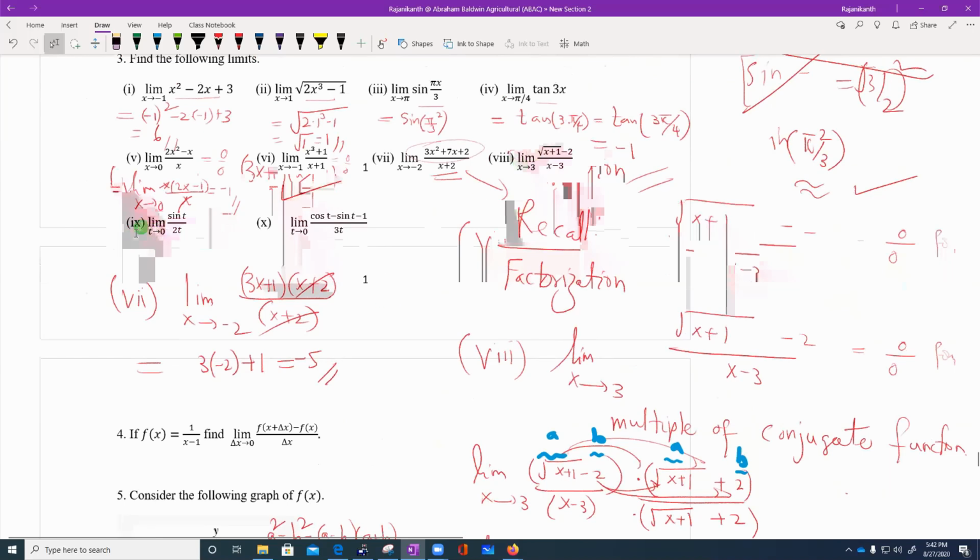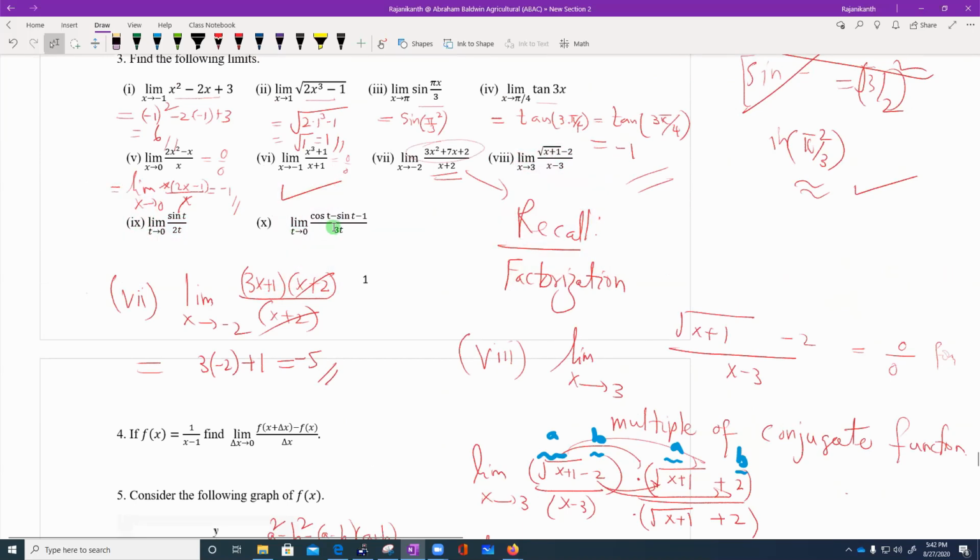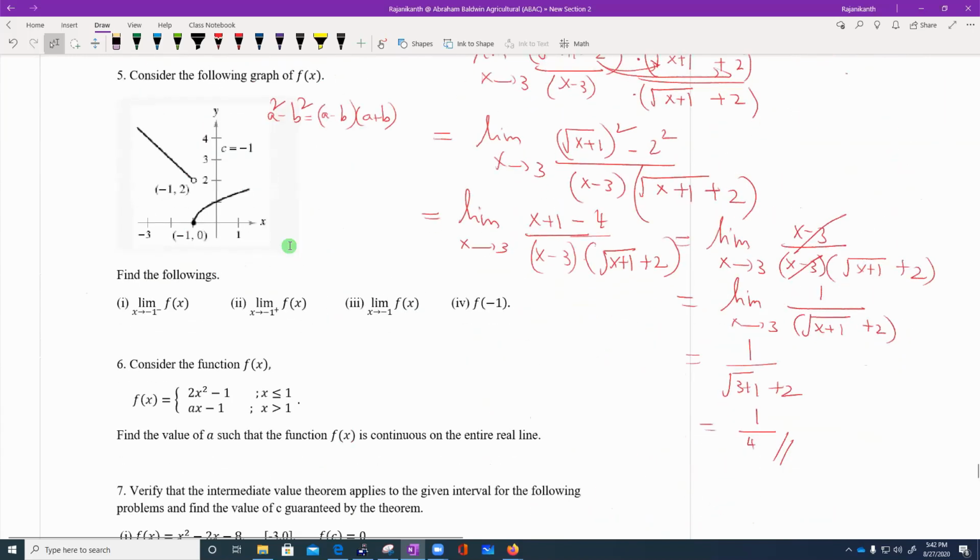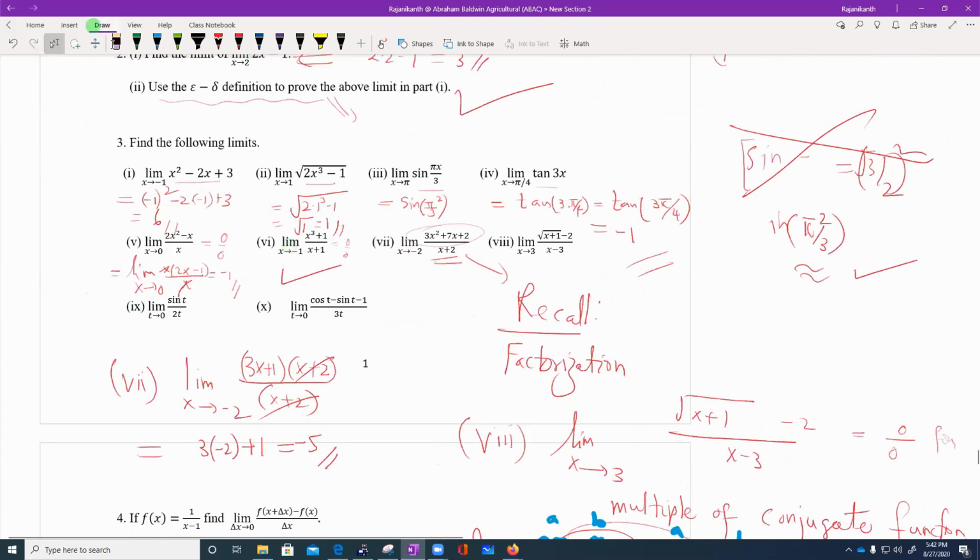Right, for numbers 9 and 10, you have to use that property. Remember the trigonometric properties that are in 1.3, I believe. So go back and check your 1.3 lecture notes. There we had... I need to clear this.